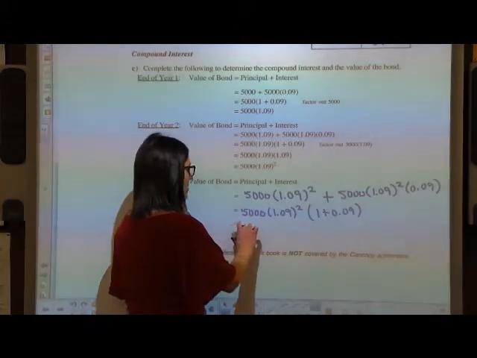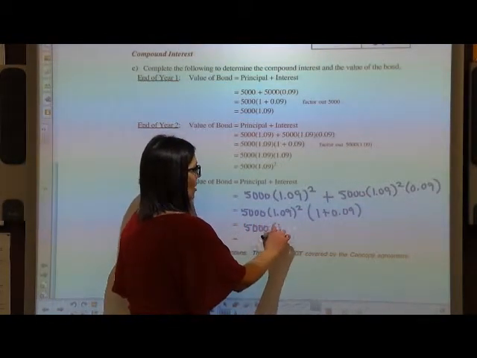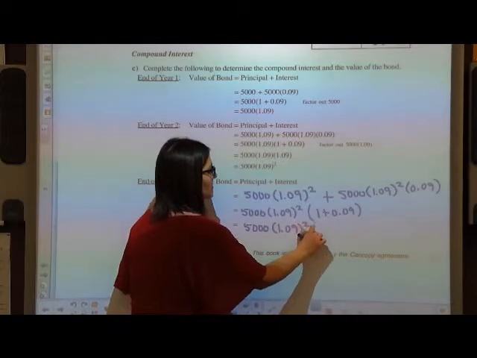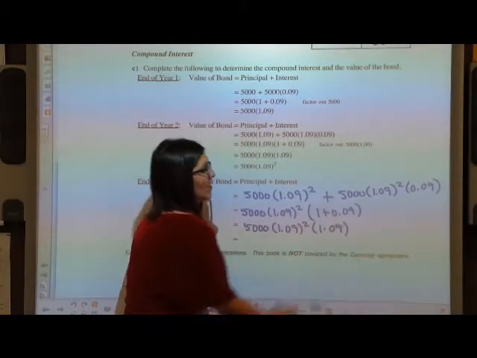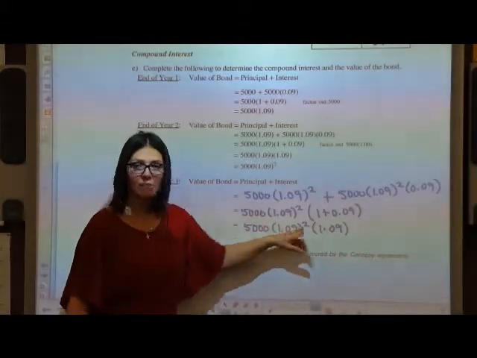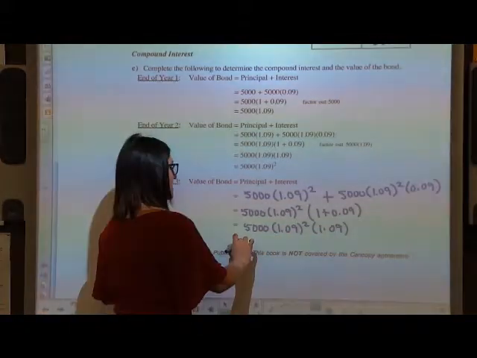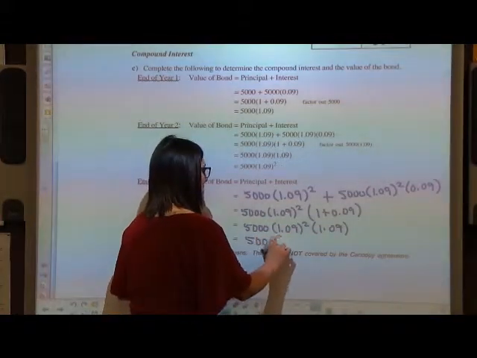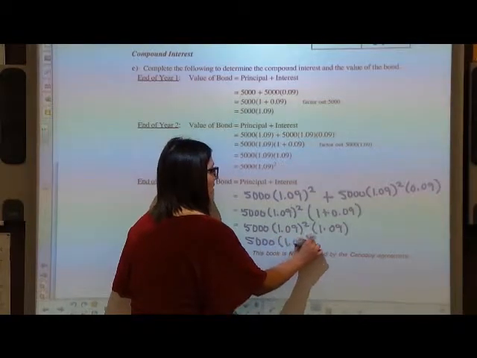Add those together, and I've got 1.09 squared, and then another 1.09. Bases are the same, so I can add the exponents, and I get 5,000 times 1.09 cubed.